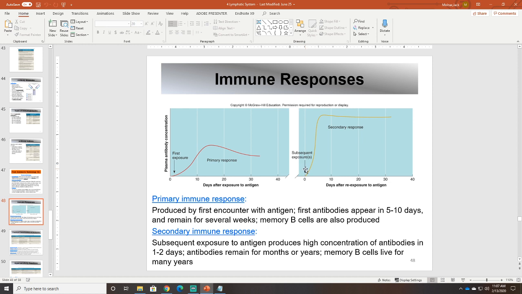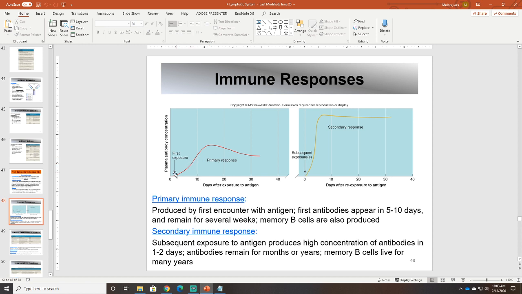My response is going to have B cells, memory B cells, rapidly producing antibodies against tetanus. Those B cells are going to rapidly produce antibodies against tetanus, and it's going to be wiped out before an infection can even get started. Okay? So that's the importance of immunization, and it also highlights the importance of those memory B cells.